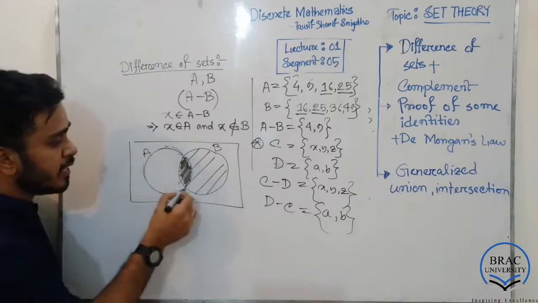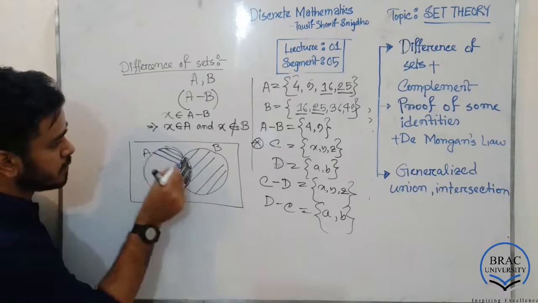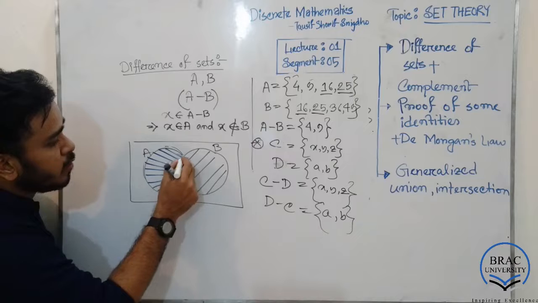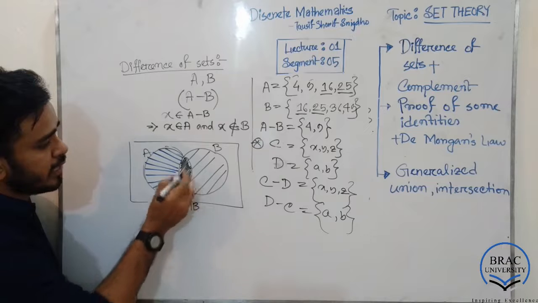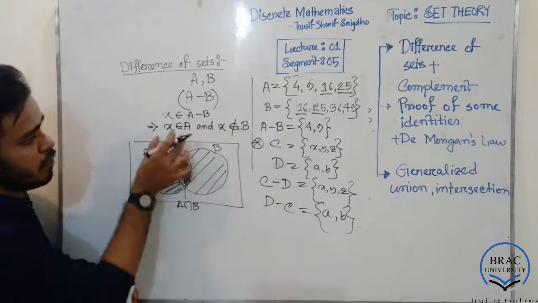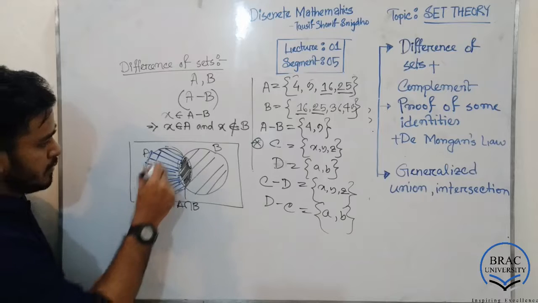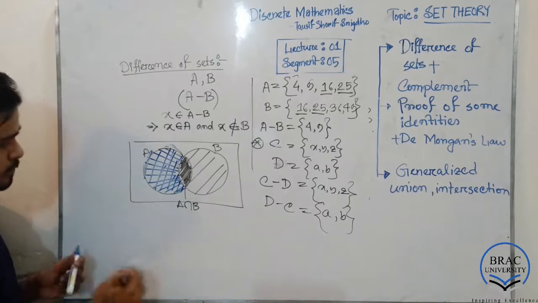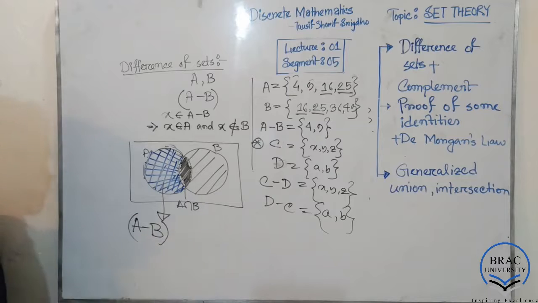No, we cannot take the elements from the whole A, but we can take the elements from this blue shaded region. And why not this intersection region? Because if we would take any of the elements from this region, it would also belong to B, but from the definition X cannot belong to B. So this shaded region in blue represents the set A minus B.